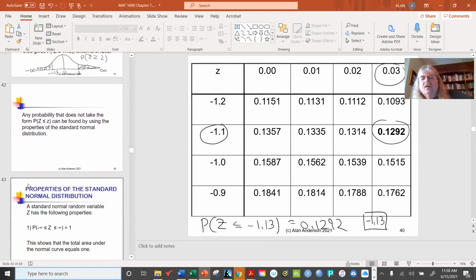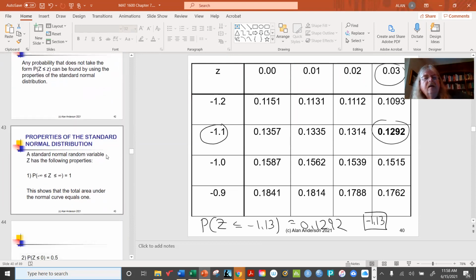All right, so why don't we look at the basic properties of the standard normal distribution? Some of these we've already gone through, so it's not completely new. Number one, the curve goes all the way out to positive and negative infinity.